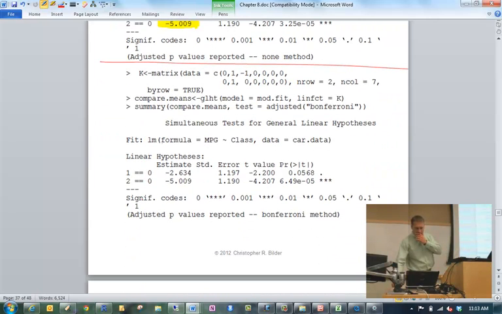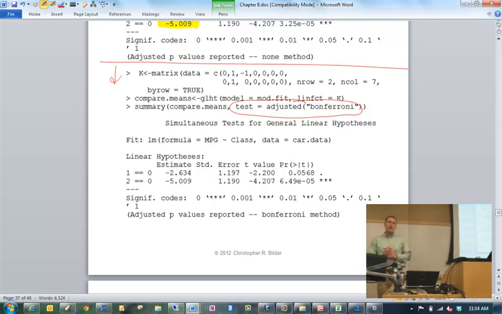So let's talk about how we can do that in the context of these models. The code here, this is now new material, is exactly the same as what we saw above, except for this right here. If you remember, in the summary function, there is an argument called test.